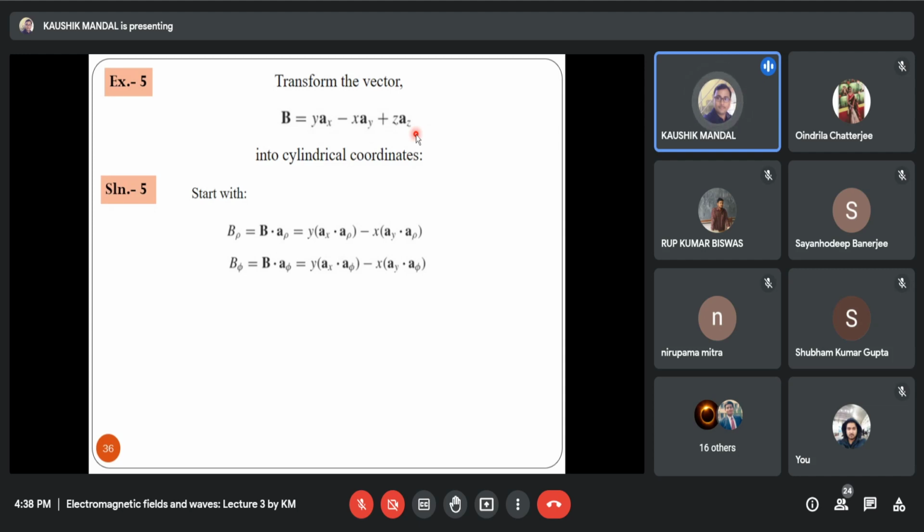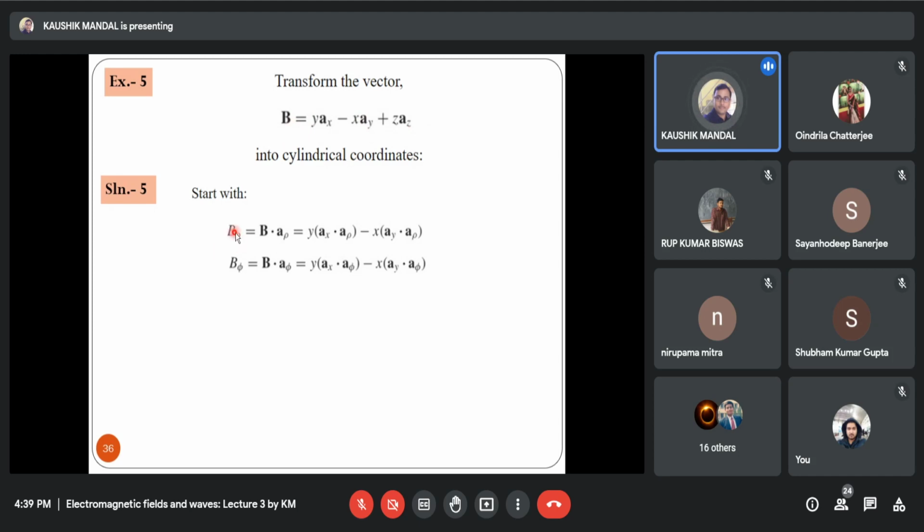Then how can we convert it into the cylindrical coordinate system? Cartesian means x, y, z. Cylindrical means rho, phi, z. So we have to find B rho, B phi, and B z. We can start with this one.